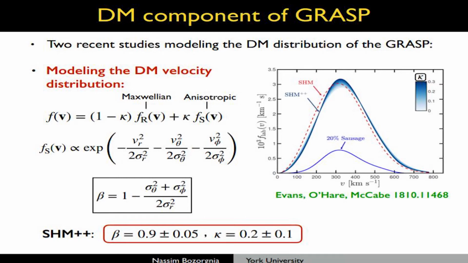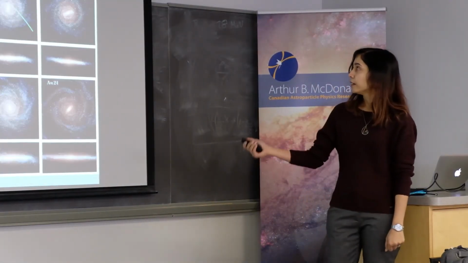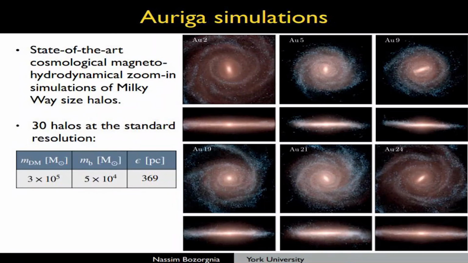Okay, and we wanted to see if this is fine in simulations. What does a simulation of galaxy formation tell us about this? So we have results of simulations. Now these are really state-of-the-art simulations called Auriga. These are magneto-hydrodynamical zoom simulations of Milky Way size halos, and there are 30 halos at the standard resolution.